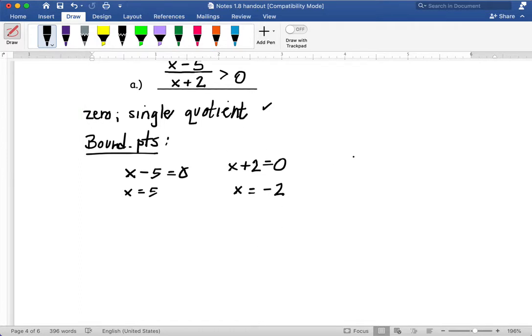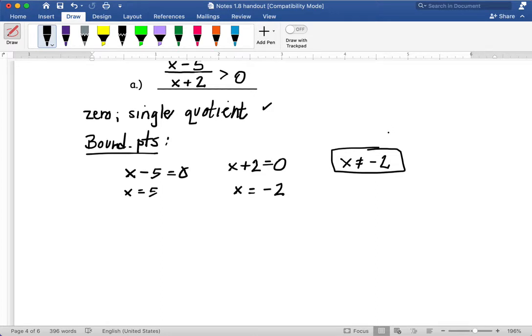This one's not gonna matter because we're not equal to anyway. So even if this would say bracket, this would say parenthesis. That's what I'm trying to make you think about for future problems. x can't be -2 because that's a restriction.